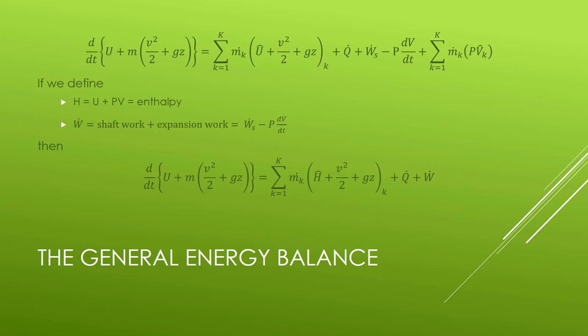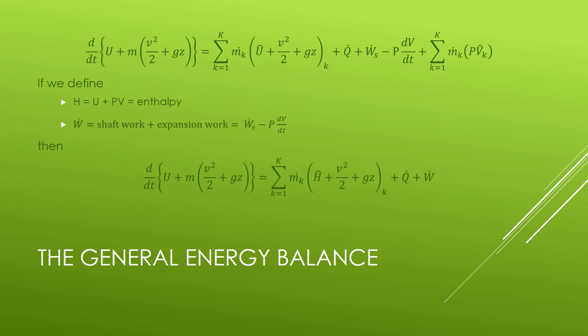Expansion work is this change of volume and the work required to move the molecules into this new space. Now, if you do this, the W and the PdV are going to combine into just W down here. And this U with the PV for the movement across the boundary is going to combine to H right here, and we get the simplified form of the general energy balance.